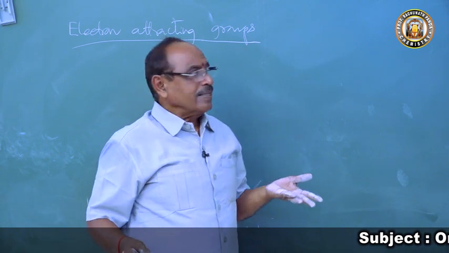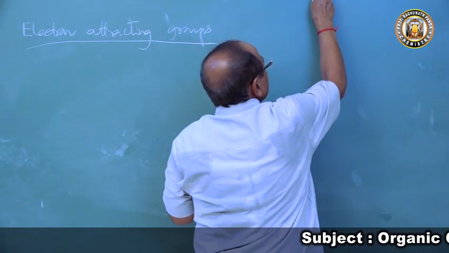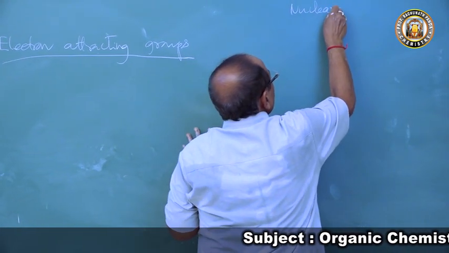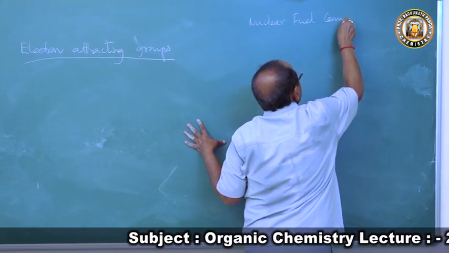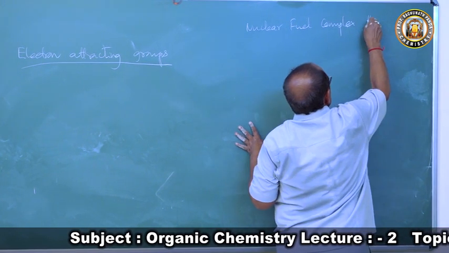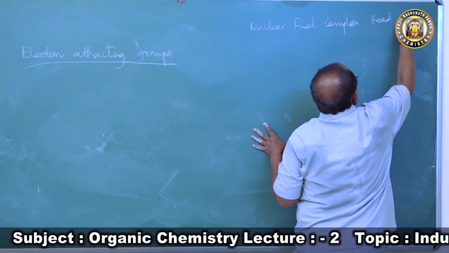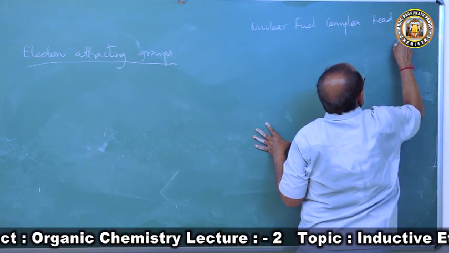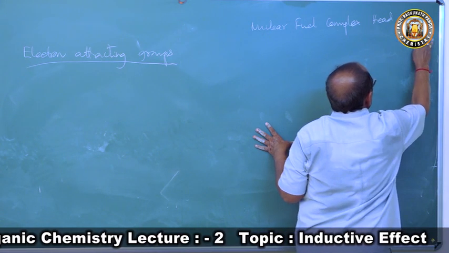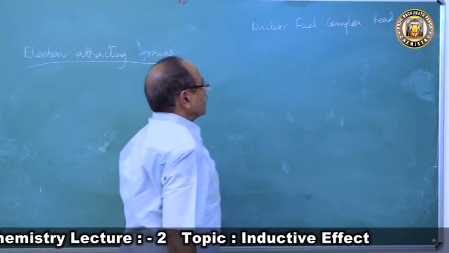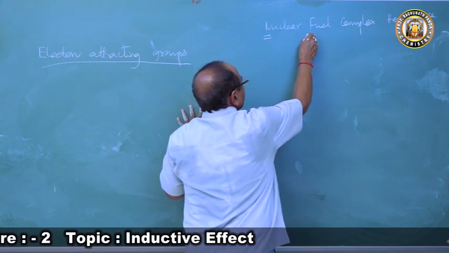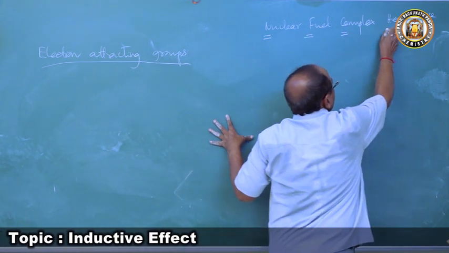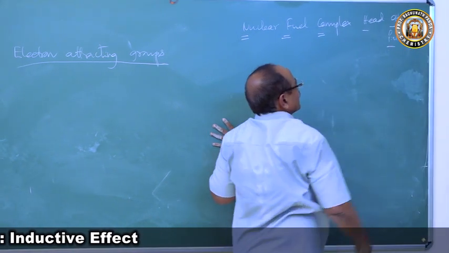But the way I am telling: Nuclear, Fuel, Complex, Head Office, Pune. So this is the clue I am giving you to remember. Nuclear Fuel Complex: N, F, C, HO and Pune.